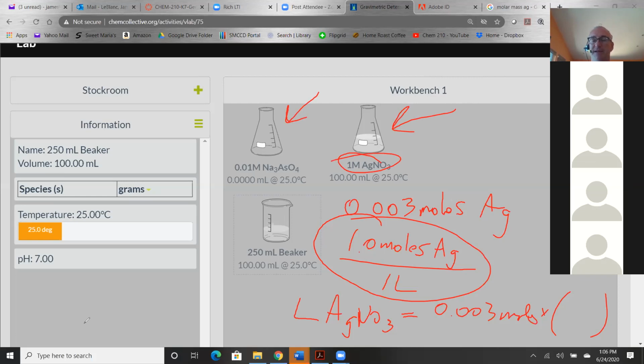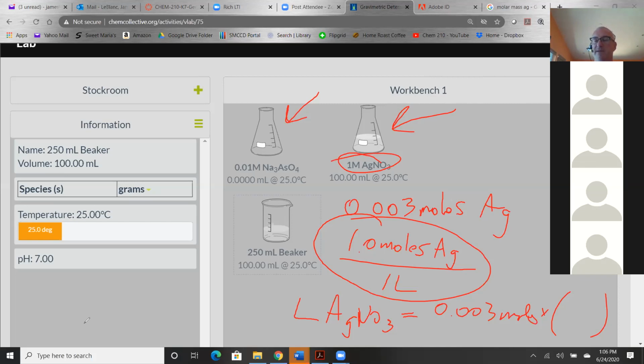So I need to use the concentration of the silver nitrate, because remember, concentration is the relationship between moles and liters. I have moles and I want liters, so I'm going to use the concentration to get me there. So what am I going to multiply moles by to get me liters? 1 mole of Ag over 1 liter.